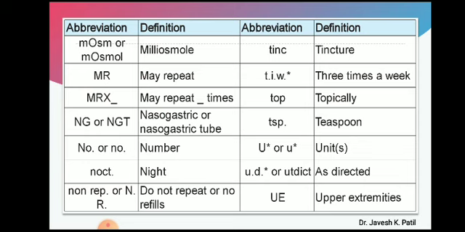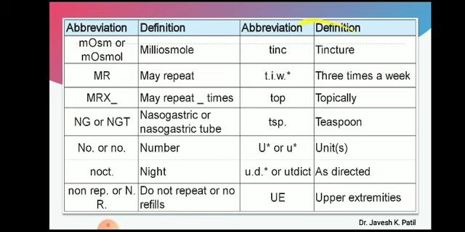Nocturnal or NOCT means night. Then non-repeat or NR, that is do not repeat, no refill. MR for may repeat, and NR for not to repeat, or no refills should be done.